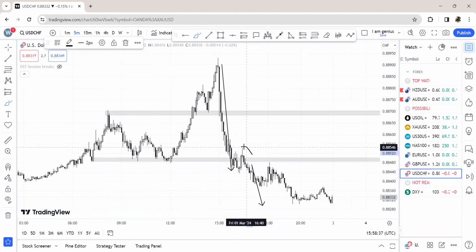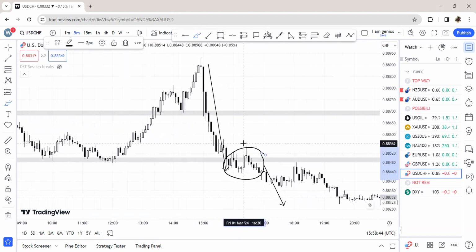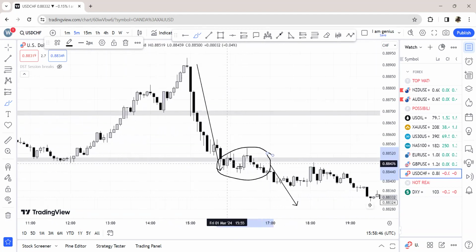You can see if I was to draw a circle here, you notice that there was a weak rejection. Then a bearish candle appears. So weak rejection forming some sort of a gravestone doji.